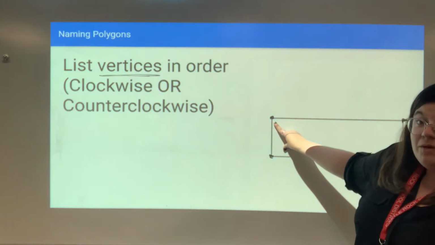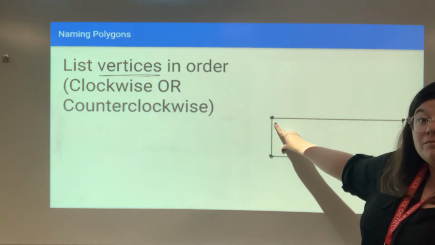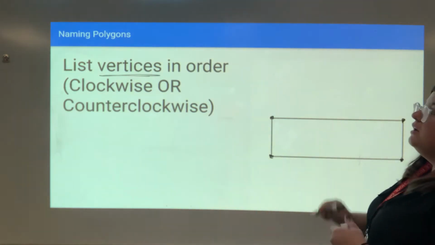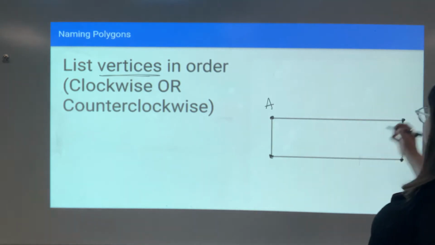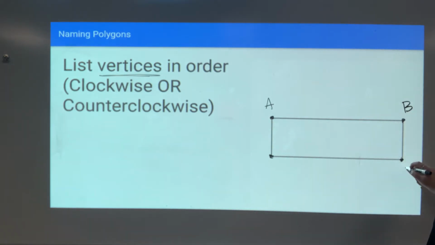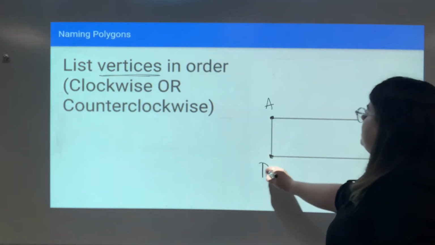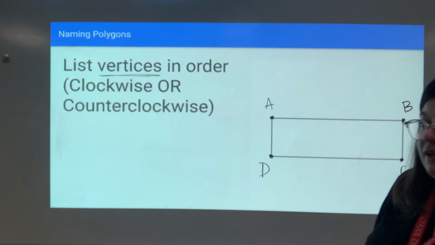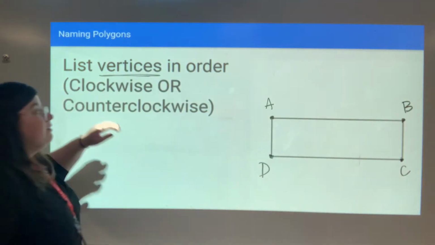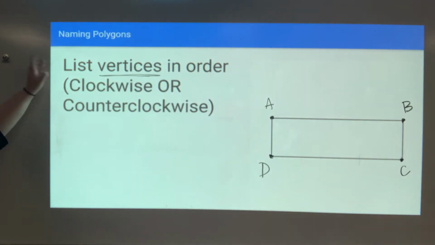So when you're naming a polygon, you need to give some names to the points. I'm just going to be very basic and call this A, B, C, and D. All right? I gave my points some names, and if I want to name this quadrilateral, this rectangle, again, we're listing all of them in order, either clockwise or counterclockwise.